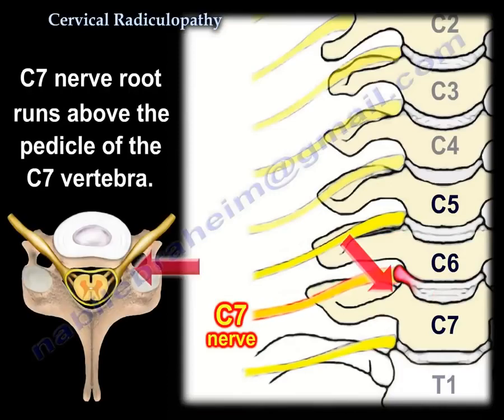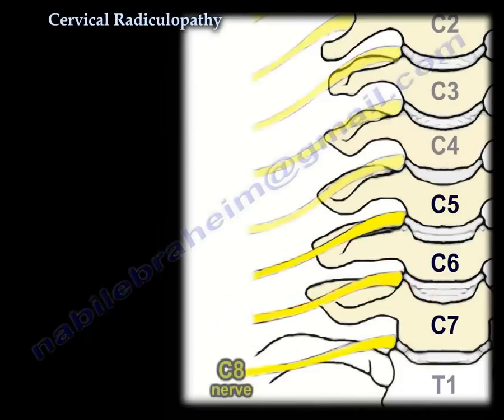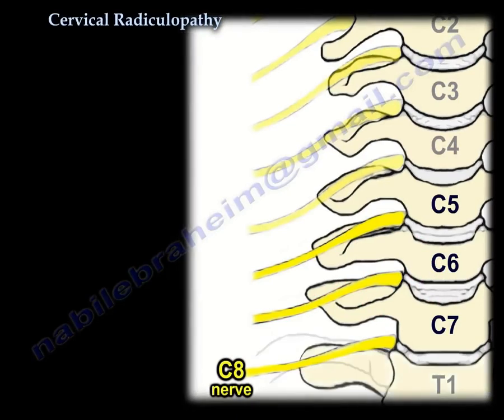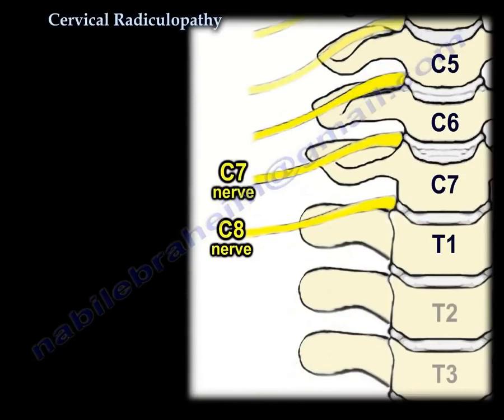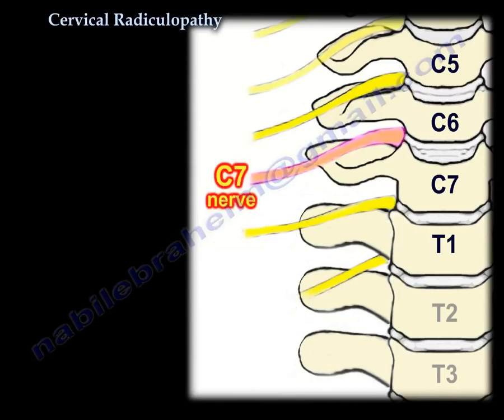So C7 nerve root runs above C7 pedicle. So you come to C8 nerve root, and this one runs above T1 pedicle, and then T1 nerve root runs below T1 pedicle.